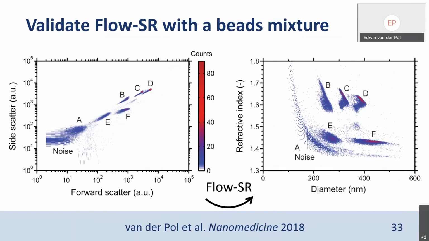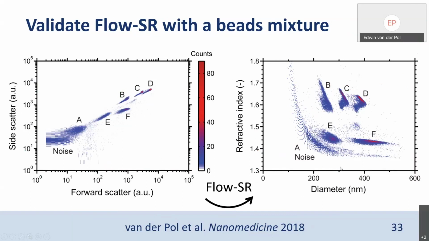So does that work well? So we validated flow SR with a bead mixture. So here you can see a mixture of beads, which we labeled A to F. And here it's on the side scatter versus forward scatter plot. But after applying flow SR, we can relate the side and forward scatter signals to refractive index and diameter.